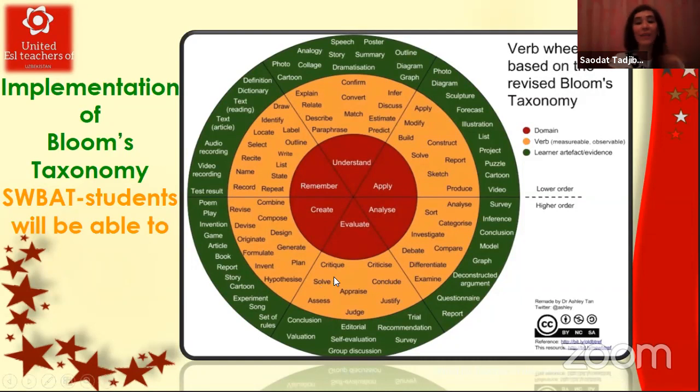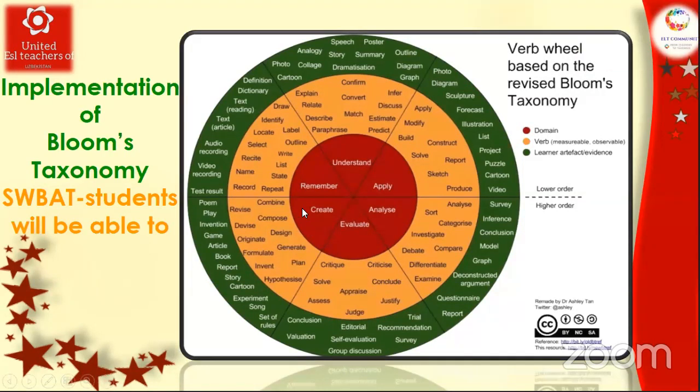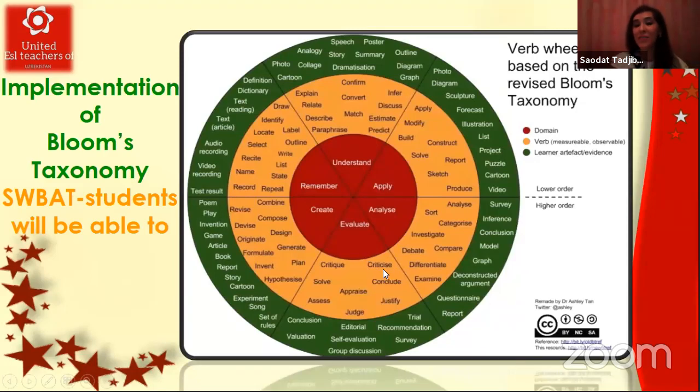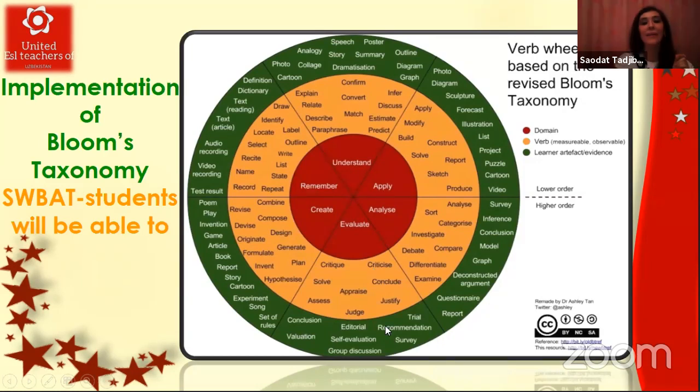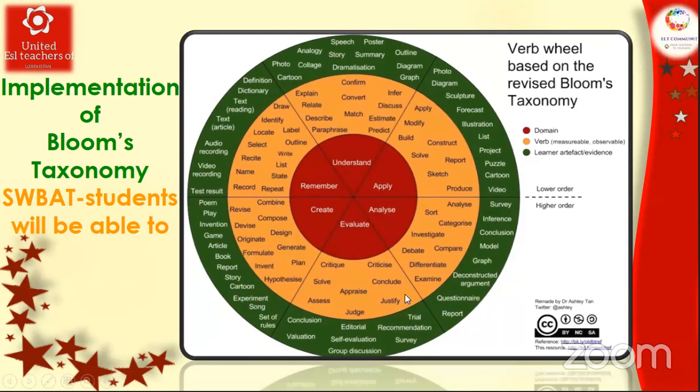No, you can't add two verbs from two domains in one objective. In this case, begin with criticize. Begin. Okay. Students will be able to criticize the rights of women. Oh, no, sorry. Criticize the rights of women by using self-evaluation, maybe.